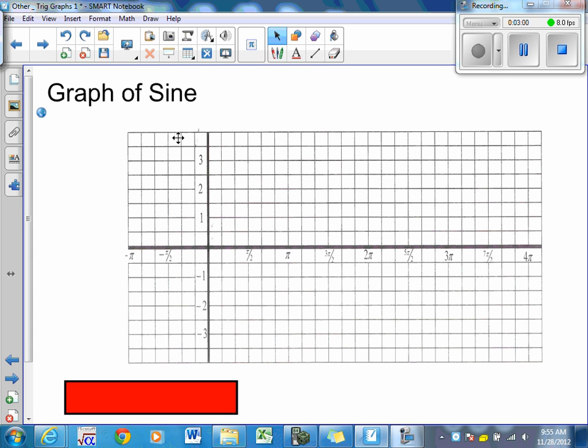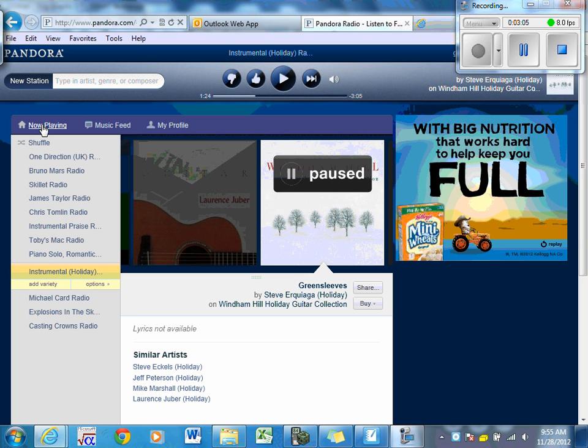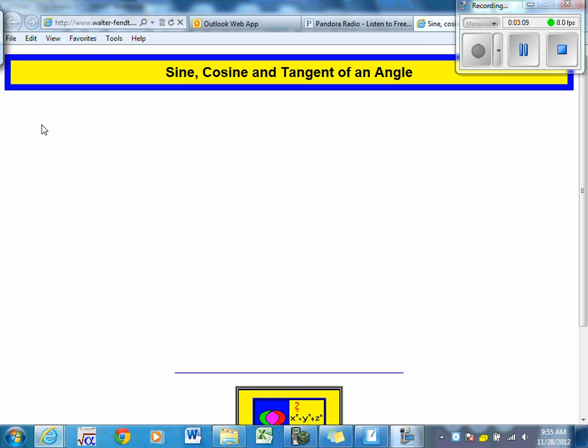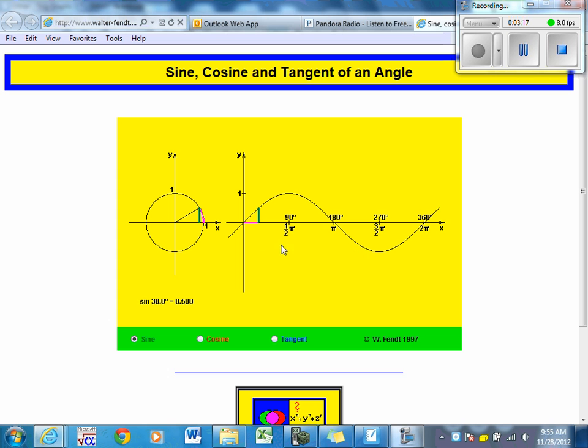All right, we want to look at the graph of sine. To look at the graph of sine, I first want to think about it in terms of our unit circle. Let me show you on our unit circle here. If we picture our unit circle, we know that sine is our y-coordinate. So if I have an angle of 30 degrees, my y-coordinate, you can see here, is this green line.